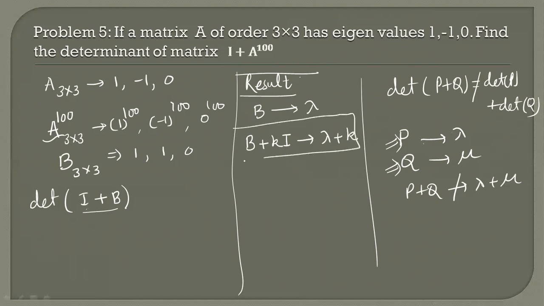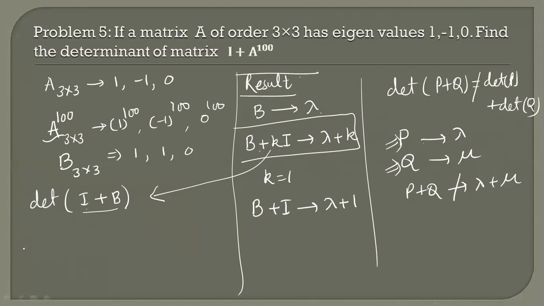Remember this point, very important result. Here you can see that k is equal to 1. It means the B plus I matrix has eigenvalue lambda plus 1.